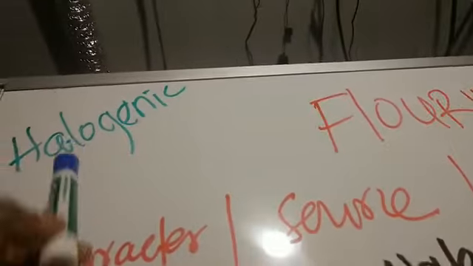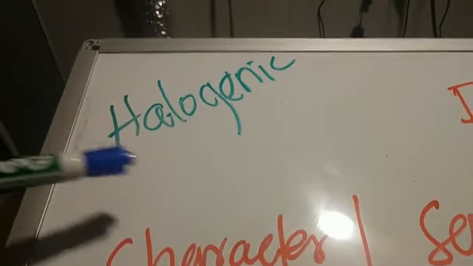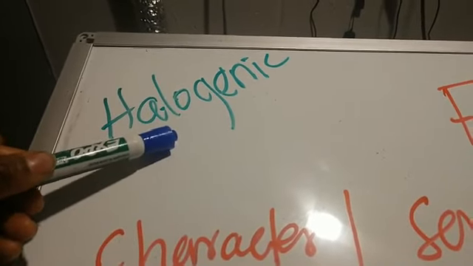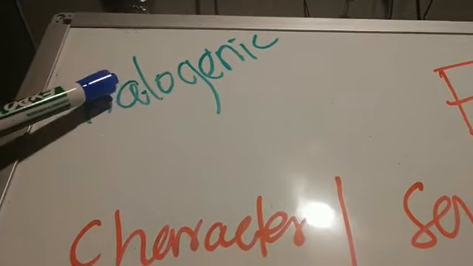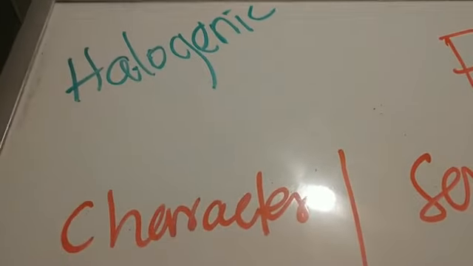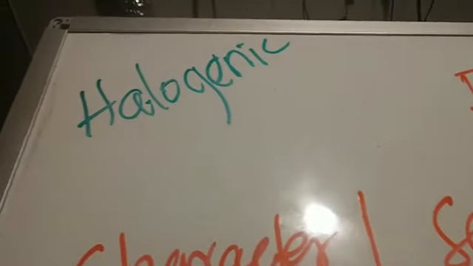Halogenic means that whenever they react with hydrogen, they create salt. We will talk about that.